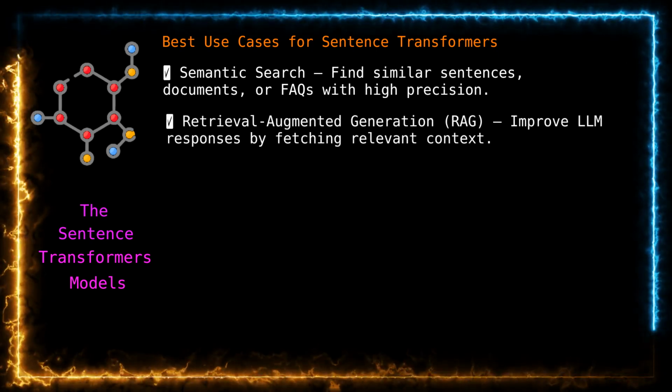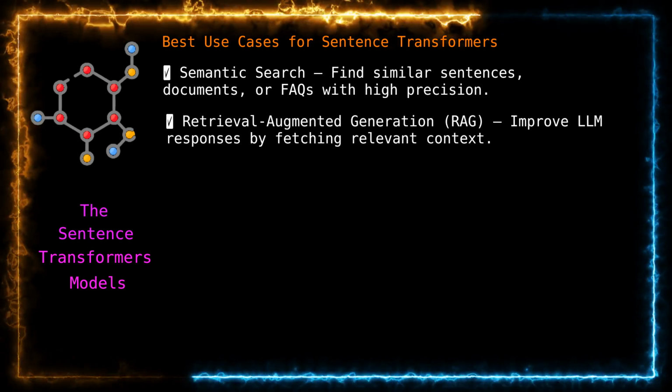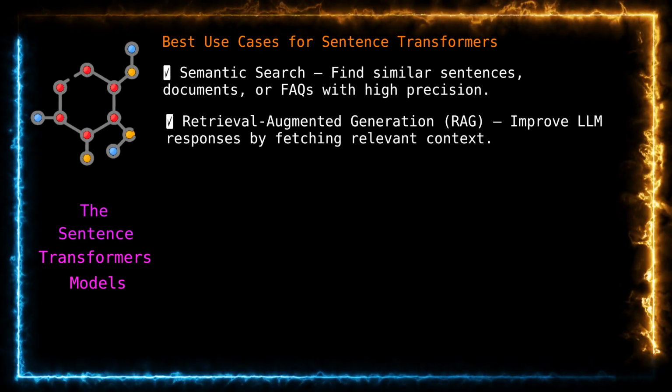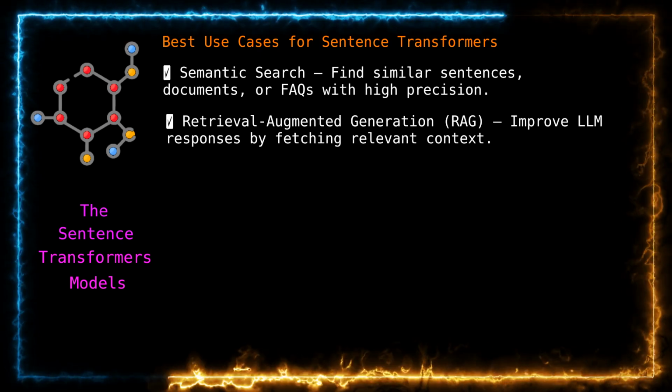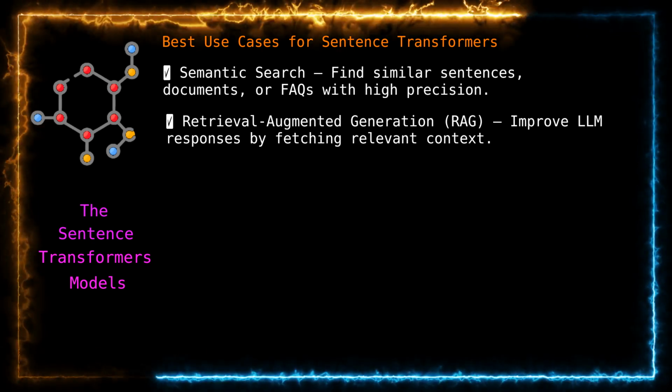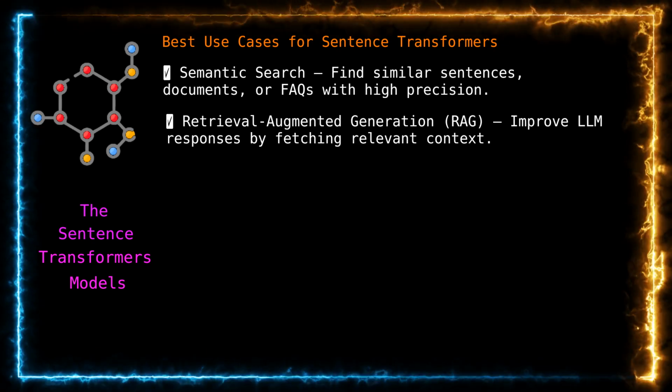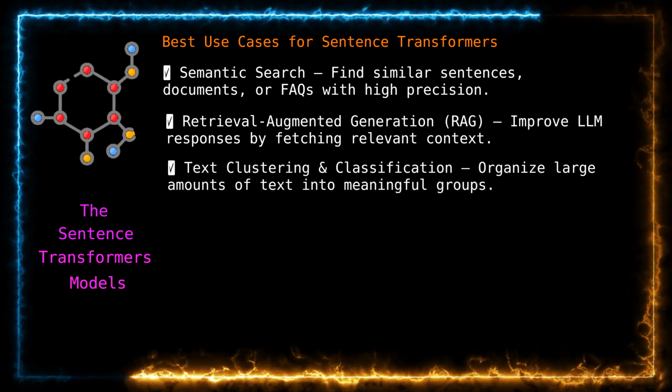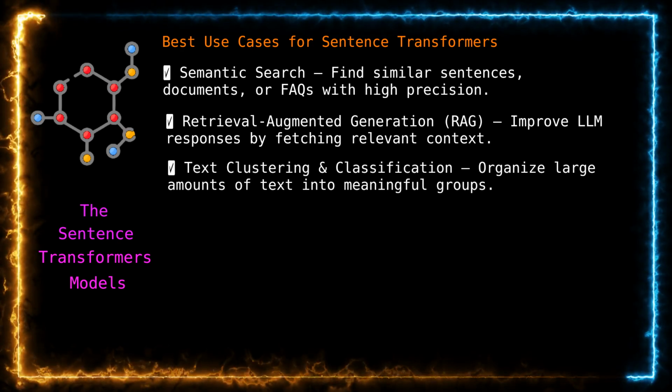Retrieval augmented generation. Sentence embeddings help fetch relevant context to improve large language model responses, making AI-generated answers more accurate and reliable. Text clustering and classification.